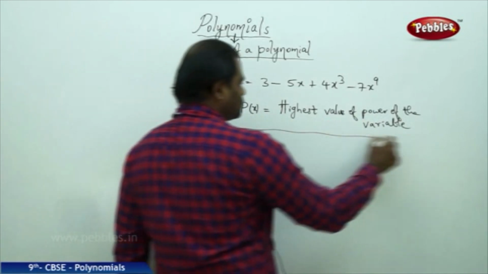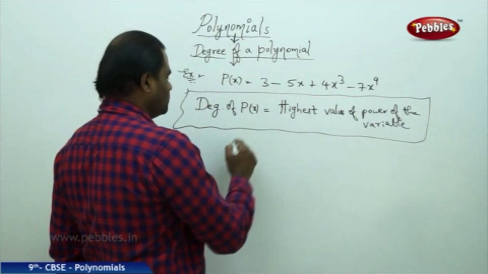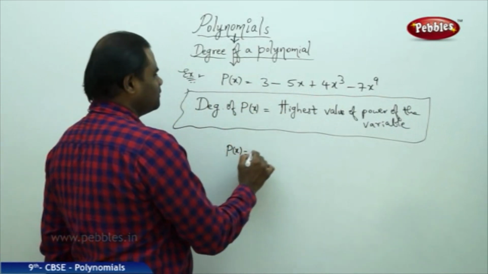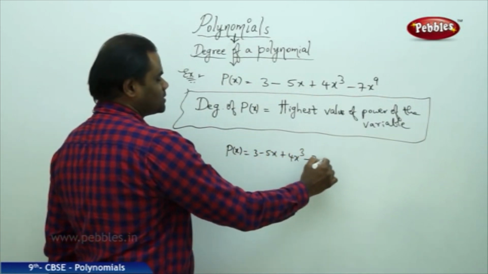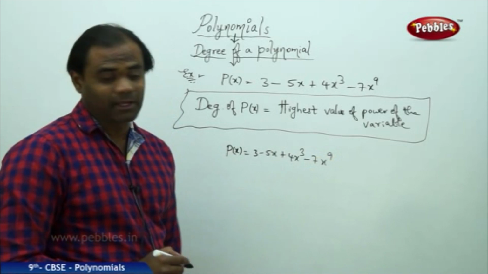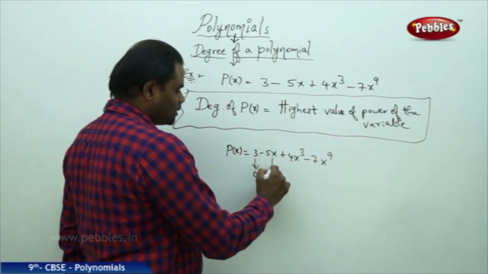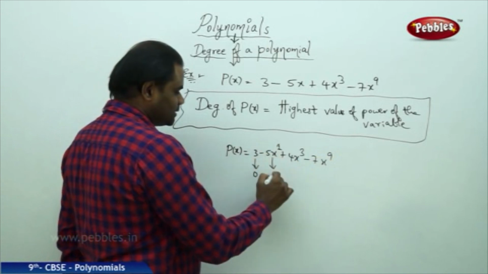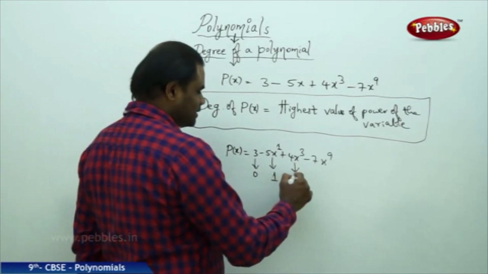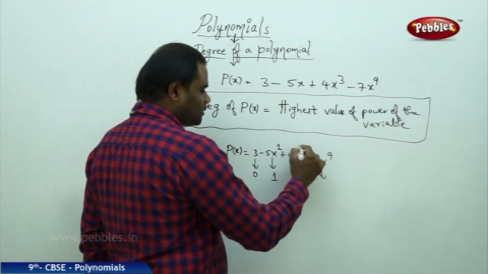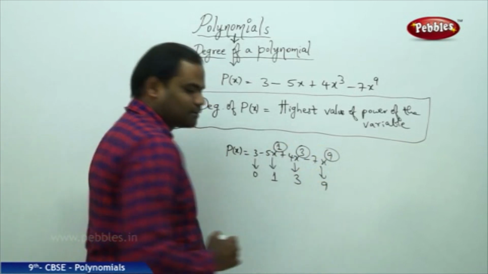So what is the highest value of the power of the variable? As we take in this example problem p of x, which is 3 minus 5x plus 4x cube minus 7x raised to 9, I see that the power of variable x here is 0, the power of variable x in the second term is 1, and the power of variable x in the third term is 3, and the power of variable x in the fourth term is 9.